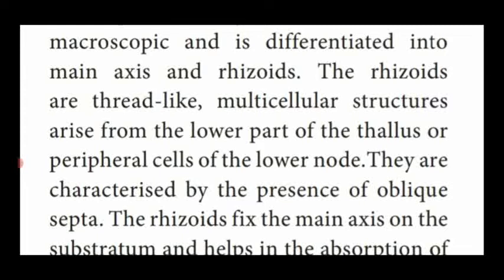Multicellular structures arise from the lower part of the thallus, that means at the basal region of the main axis, which contains thread-like multicellular rhizoids, or sometimes they may arise from the peripheral, that means margin of the lower node.